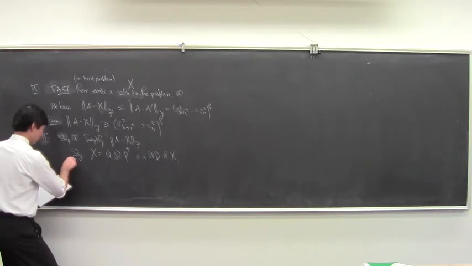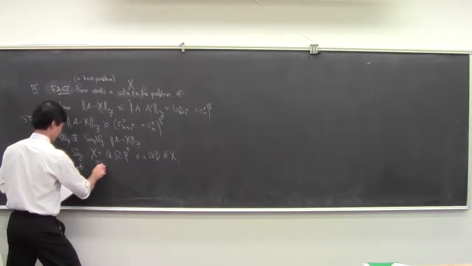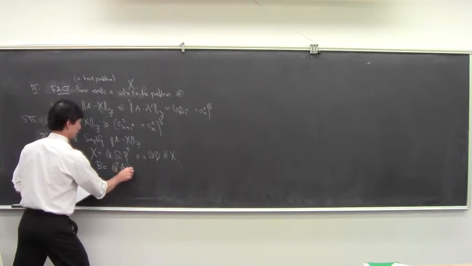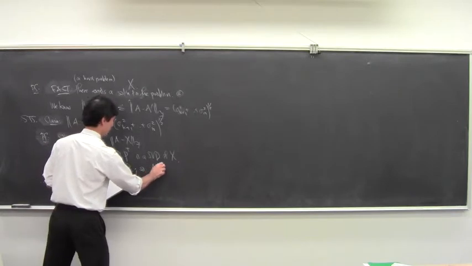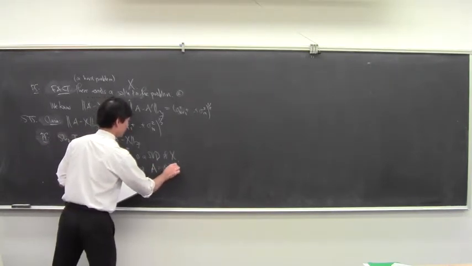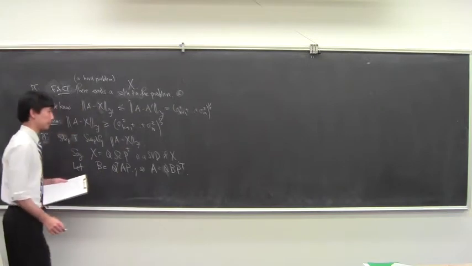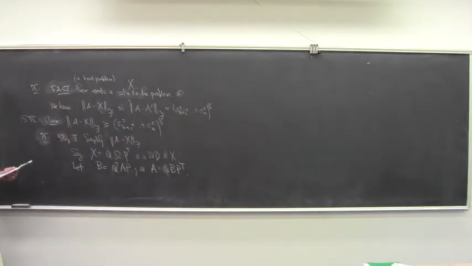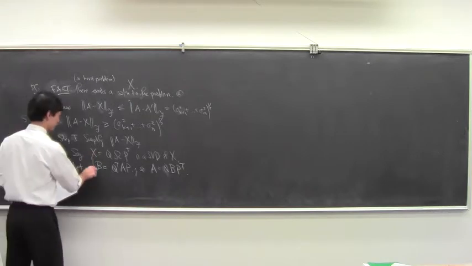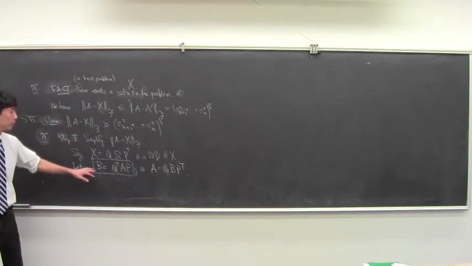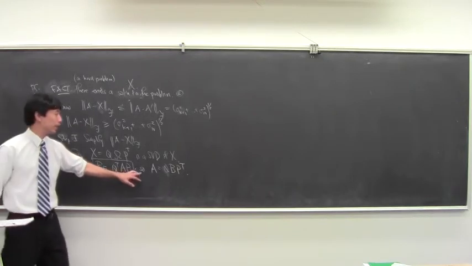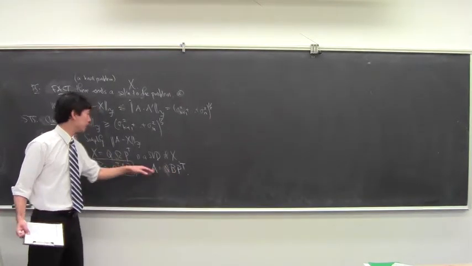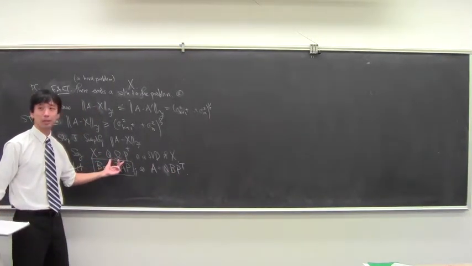Now let B equal Q^T A P, so that A equals Q B P^T. We create this new matrix out of A in such a way that A equals Q B P^T, where X equals Q omega P^T.